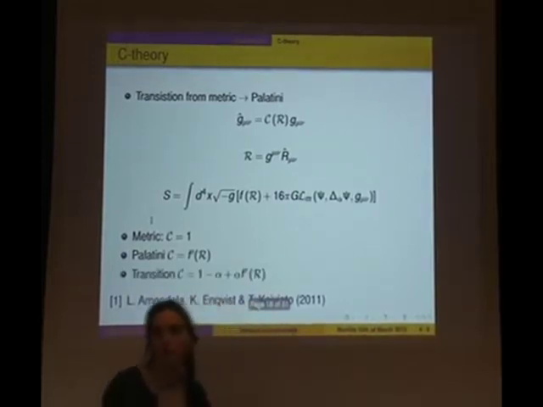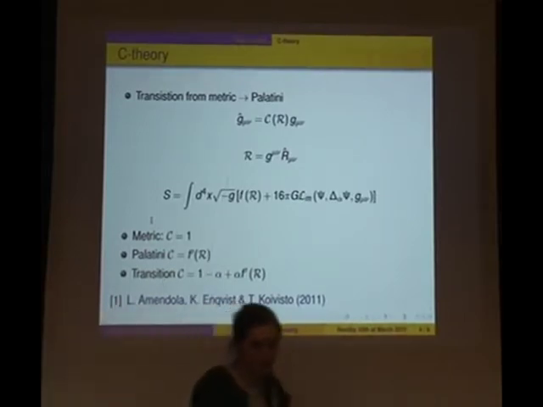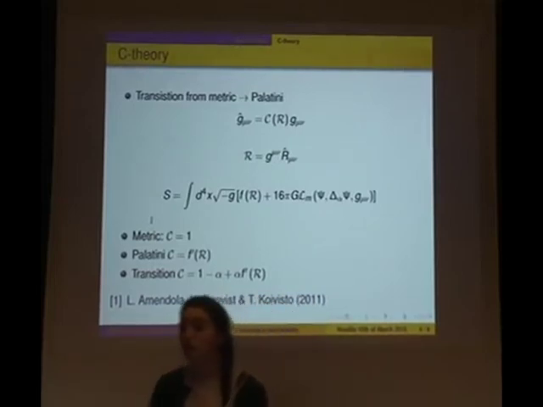For instance, you can make a particularly simple one by having a linear transition like this, but there could be lots of others. You can pick your favorite transition. And in this case, alpha runs from 0 to 1. So at 0 you have metric and at 1 you have Palatini. But of course this C theory framework has lots more theories than just metric and Palatini and what's in between.